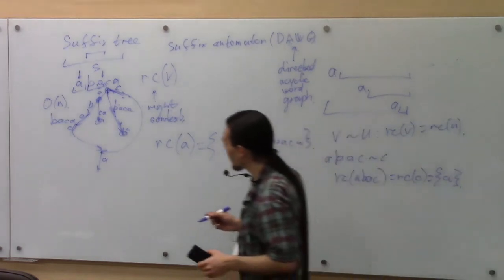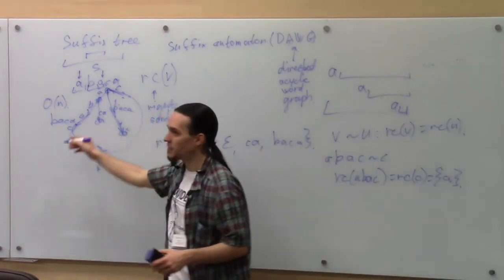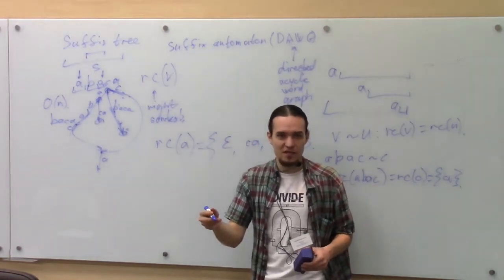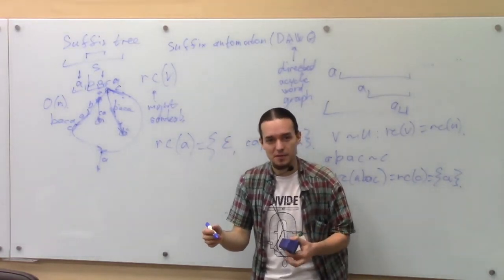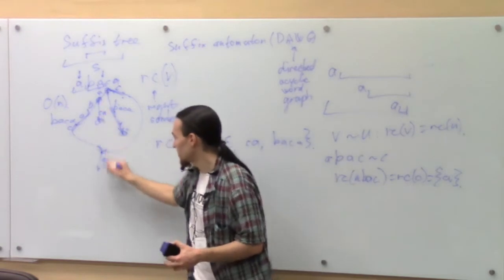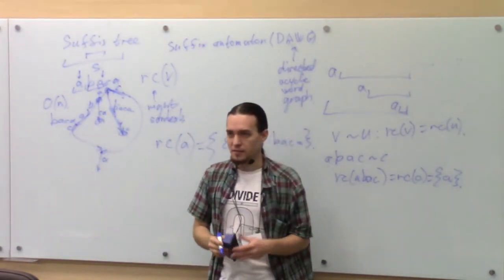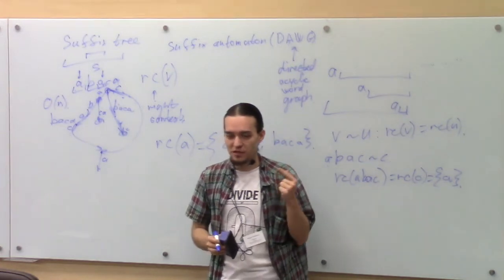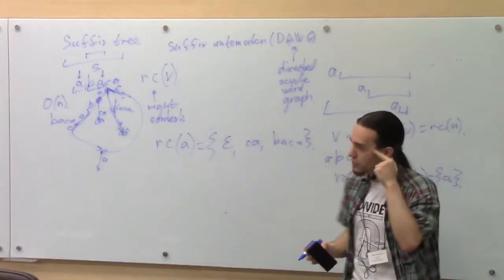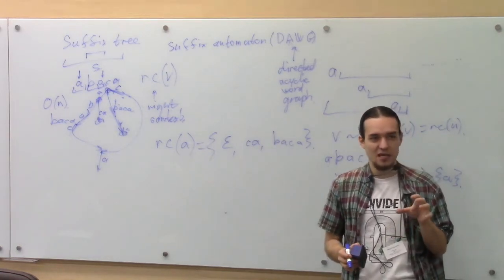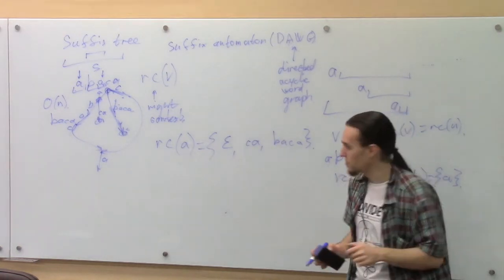So the way we use the suffix tree for string matching, we can use basically any graph. It doesn't have to be a tree, right? So it can have parts which do not occur in the tree. So we want to obtain a graph like this, and we want to obtain the smallest possible graph, so that it has as few states as possible.